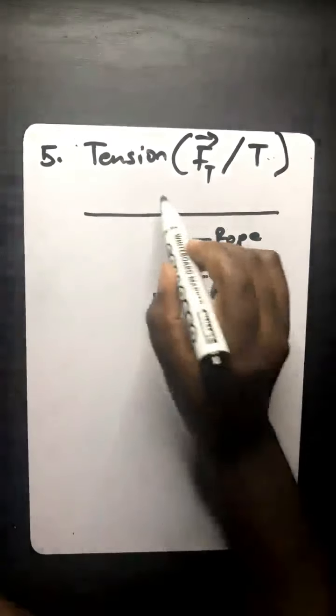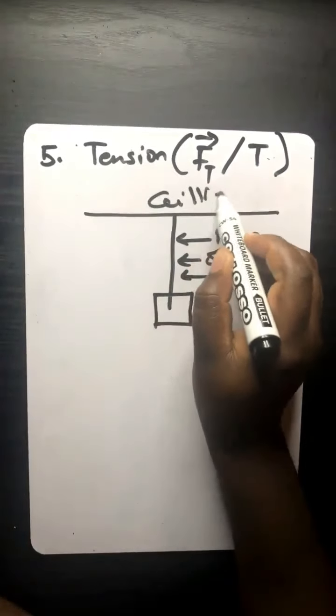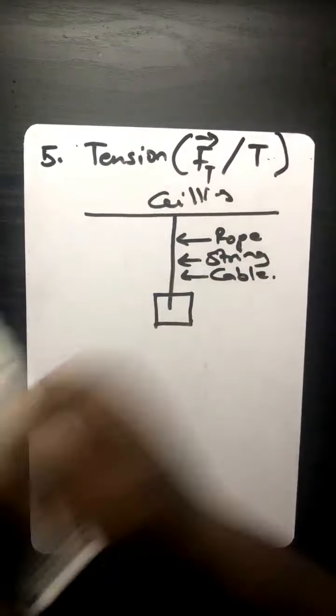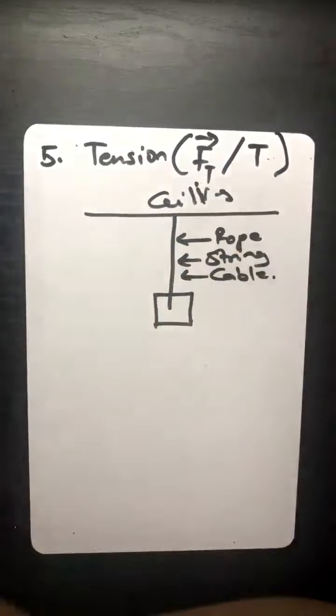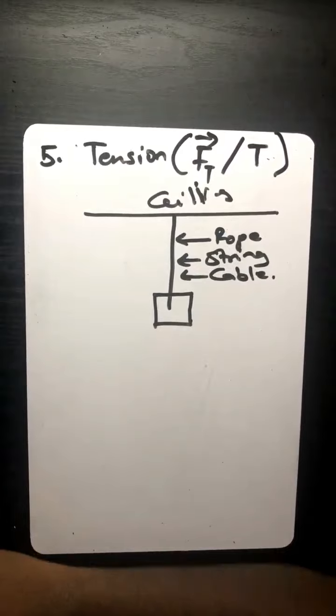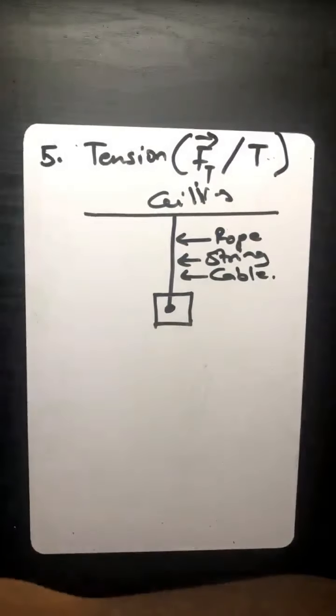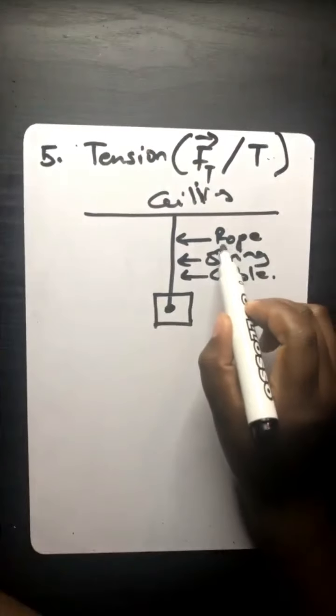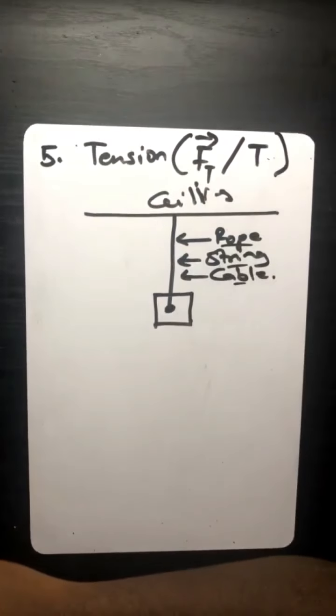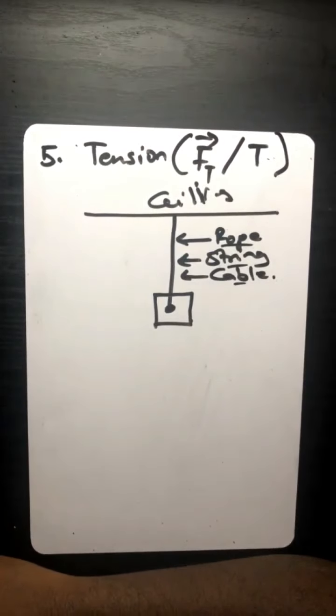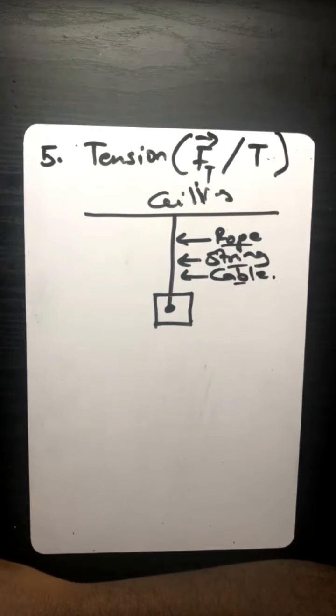So this is hanging from a ceiling, being pulled by a rope, string, or cable. This rope or string or cable applies a force on the object. Here comes a question: what is that force called?